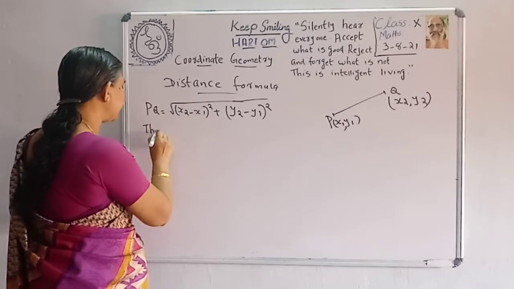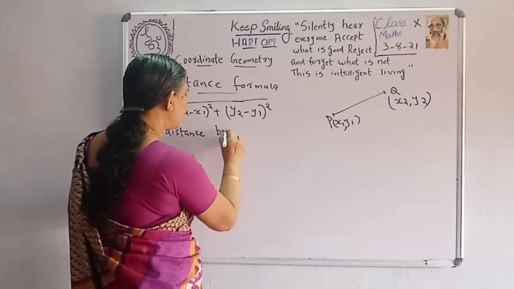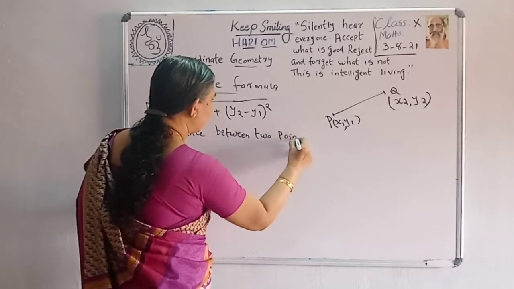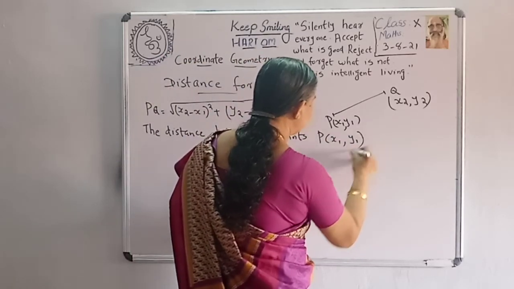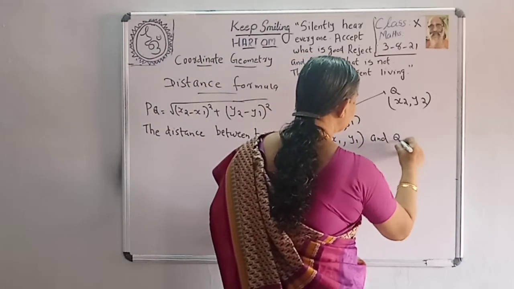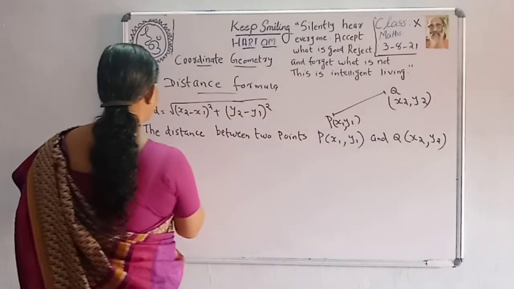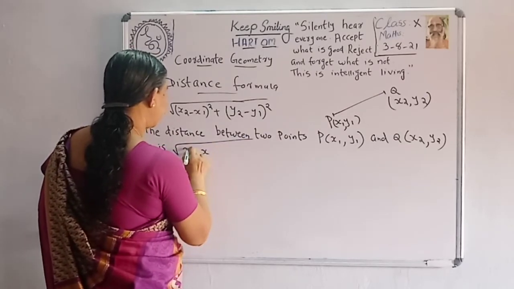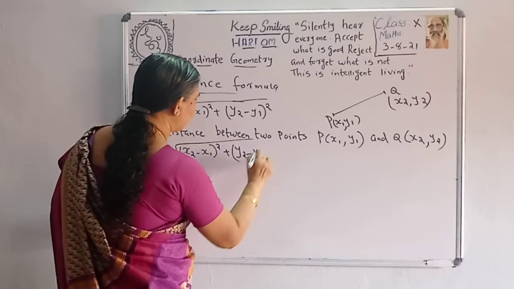The distance between two points P(x1, y1), that is x coordinate is x1 and y coordinate is y1, and Q(x2, y2) is the square root of (x2 minus x1) the whole square plus (y2 minus y1) the whole square.